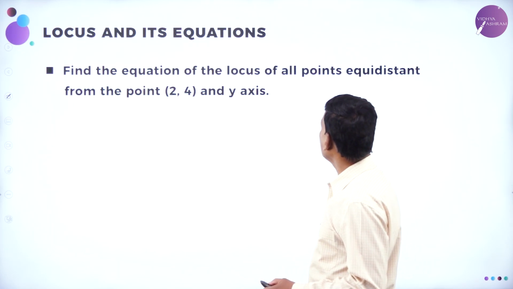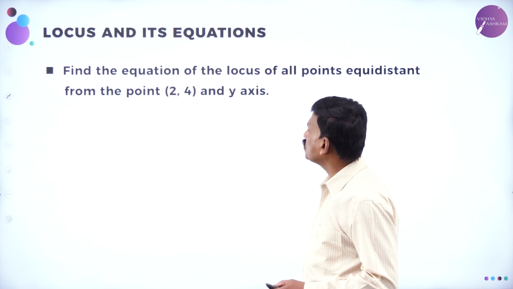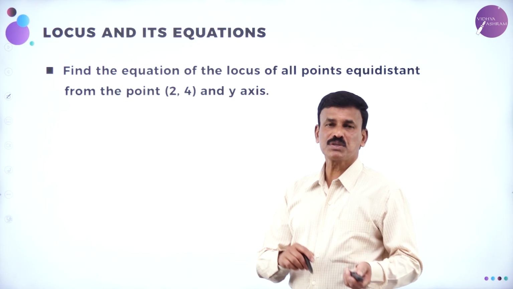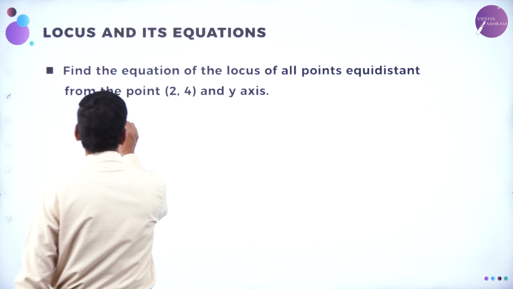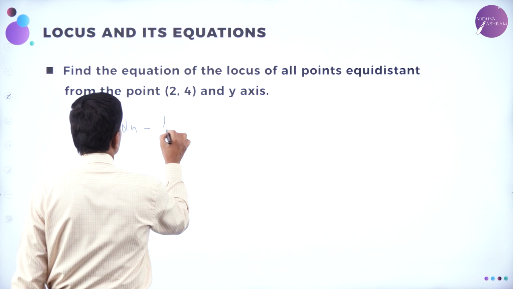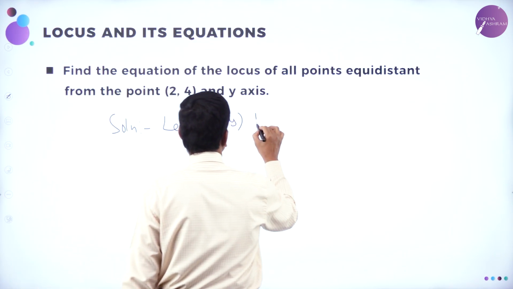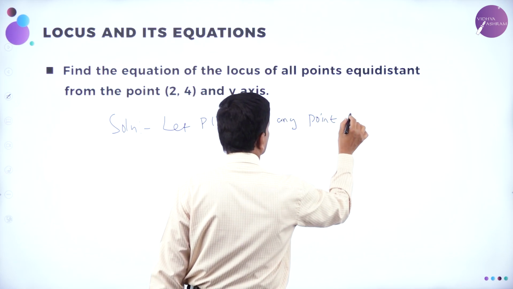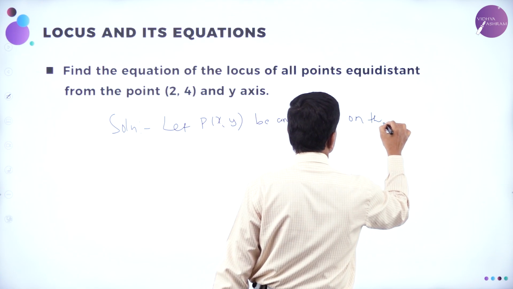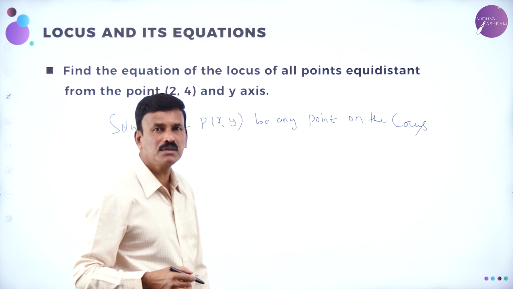Find the equation of the locus of all points equidistant from the point (2, 4) and the y-axis. The first problem was the x-axis, now it is the y-axis. Same as the usual solution. Let P(x, y) be any point on the locus.